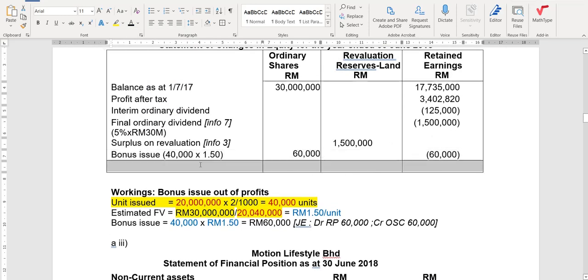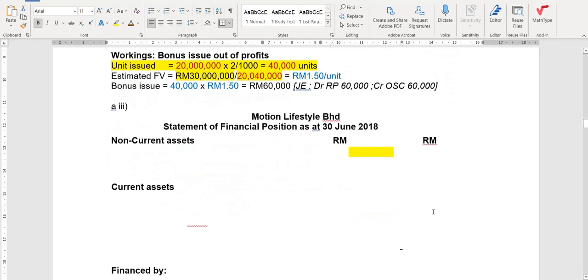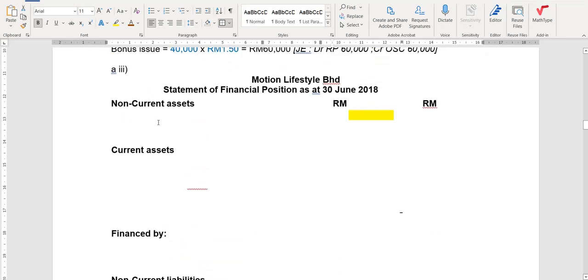So this is the one at the end of the year. This one will be shown in the statement of financial position as share capital, and these two will be totaled up and shown in the statement of financial position as reserve. So this will be reserve. So the total of that will have to be shown in the statement of financial position.